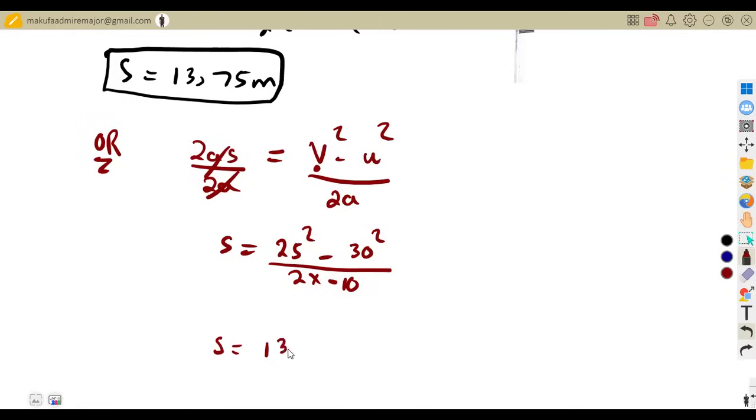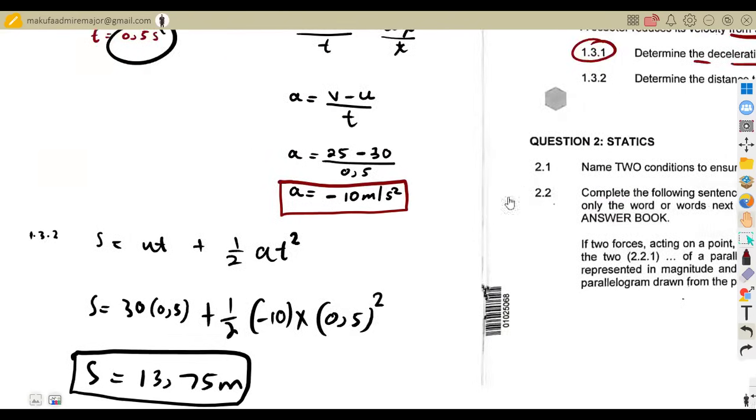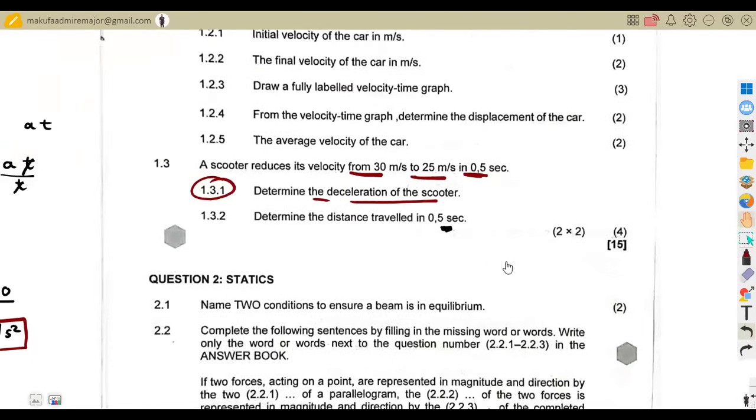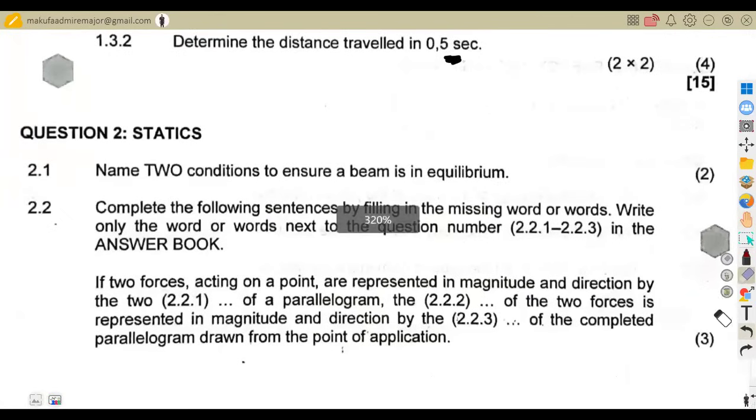This is going to be 13.75 again. Yes, that is 13.75 meters. So I want you to try so many ways. You check the previous class, like I said, the previous video that I worked on. I explained other ways. I think there's another way that I also explained there. So this is how you answer these questions. All right, that was question 1, 15 marks on everything.